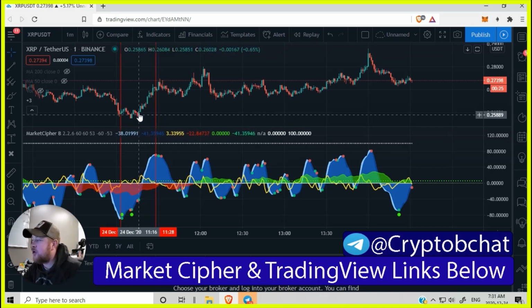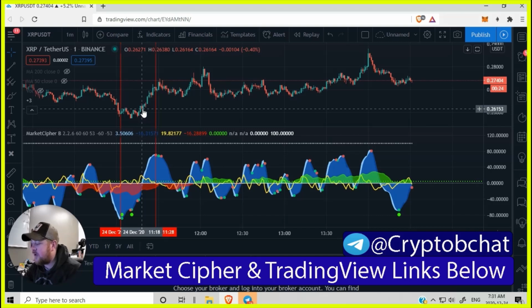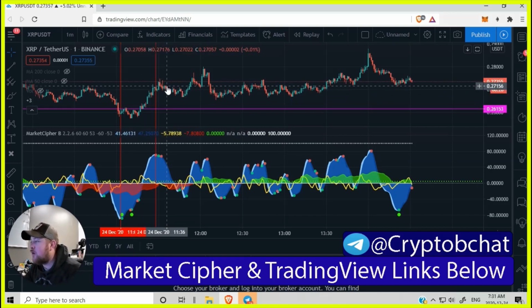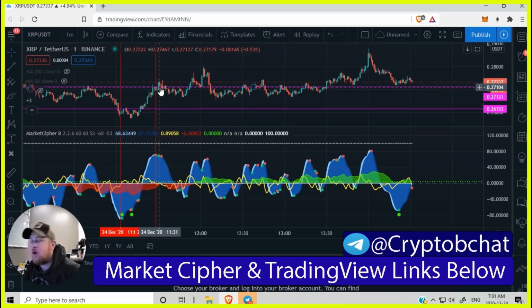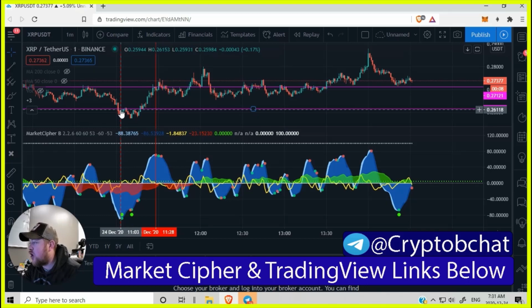So assuming you bought the absolute top of each candle here and sold at the absolute bottom of this particular candle, that way you sold at the complete bottom. This is conservative, guys, because the prices you buy and sell at would probably be better than the absolute top of a candle and the absolute bottom of a candle.